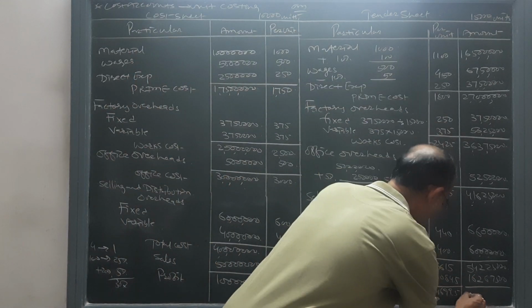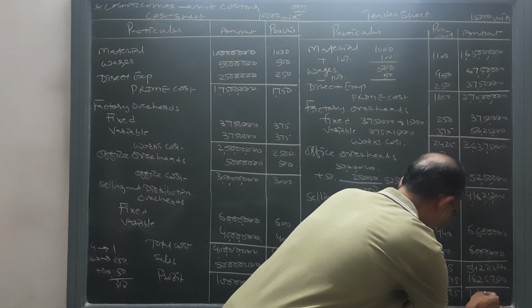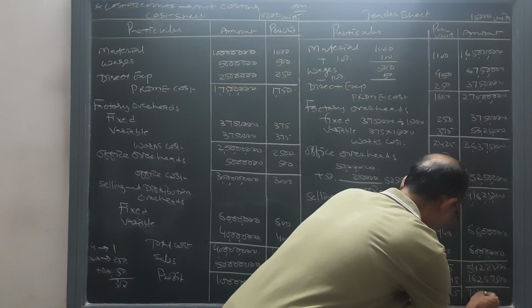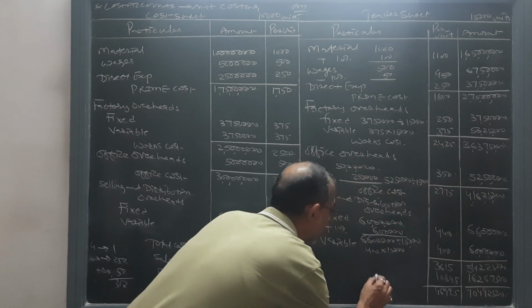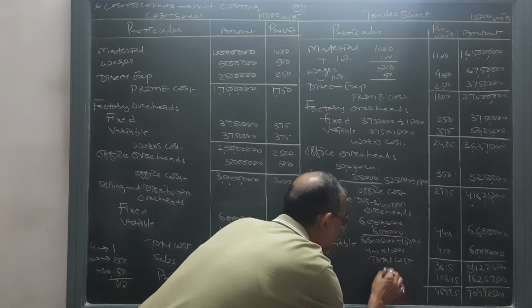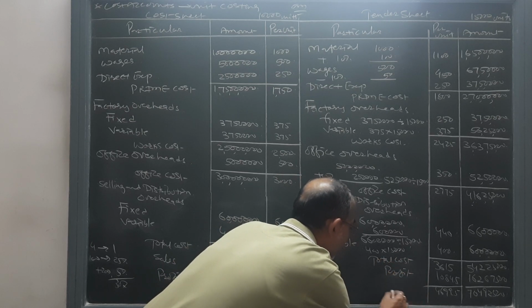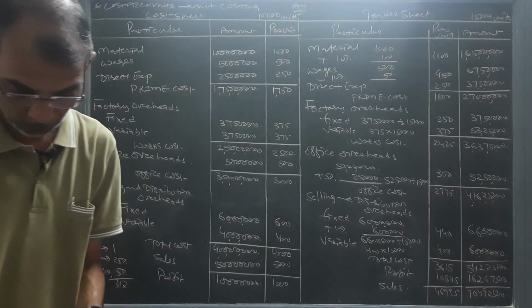So total sale will come to 7 crore 4 lakh 92,500. This is total cost, this is profit, and this is amount of sales.